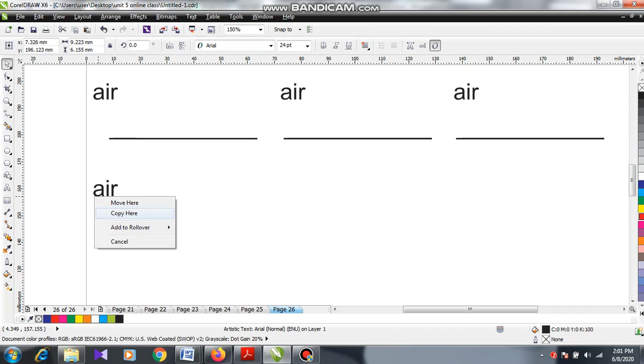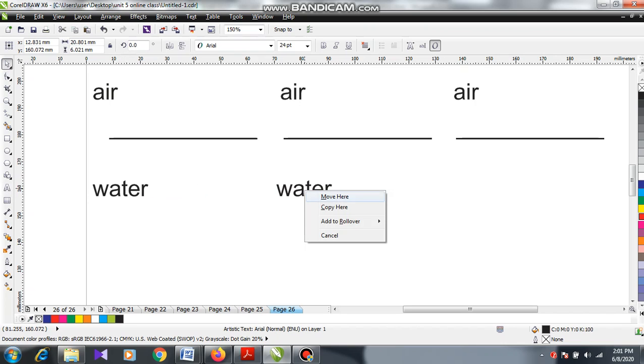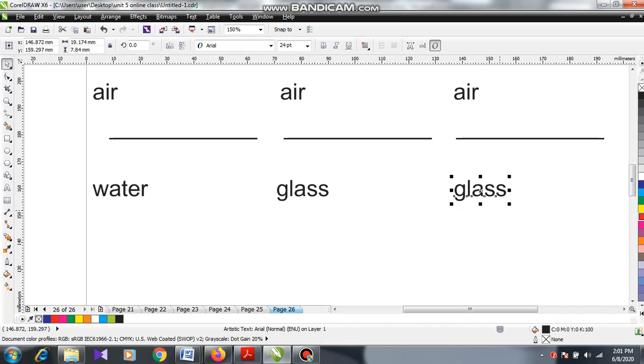Below, this is water with refractive index 1.3, this one glass with refractive index 1.5, and this is diamond with refractive index 2.4.